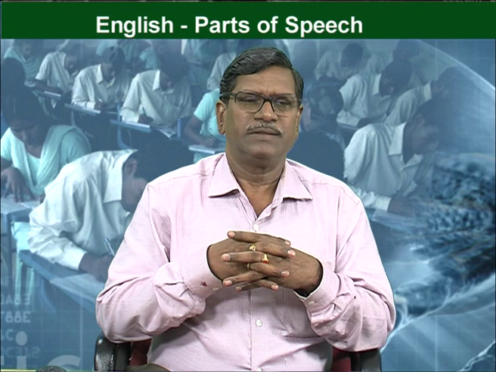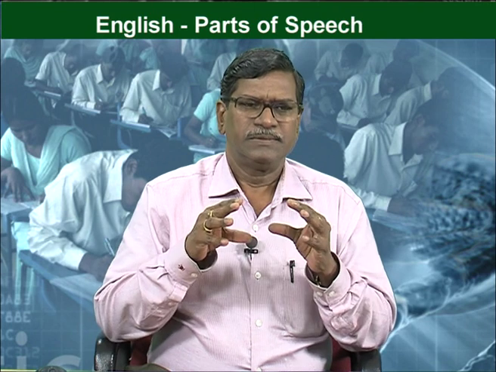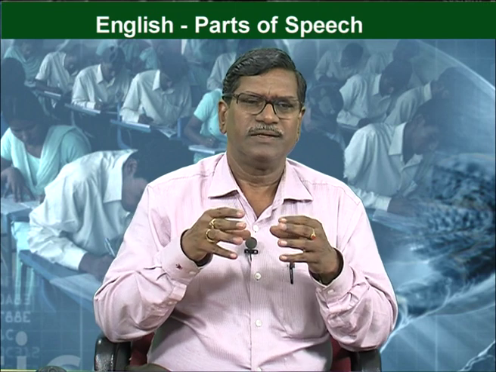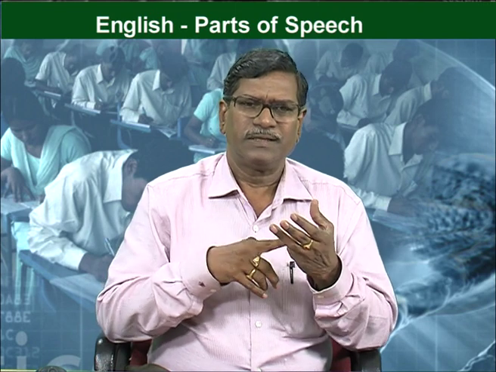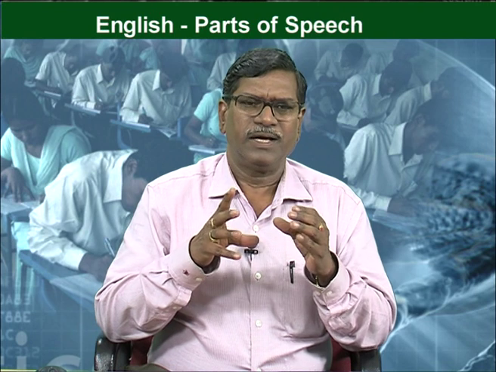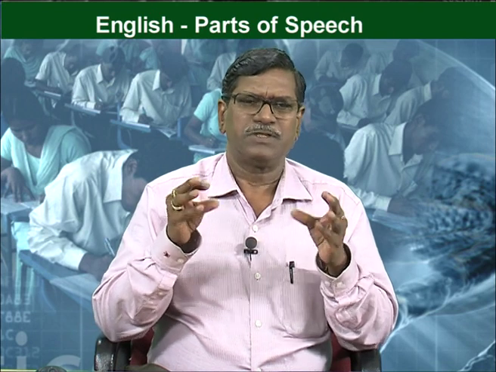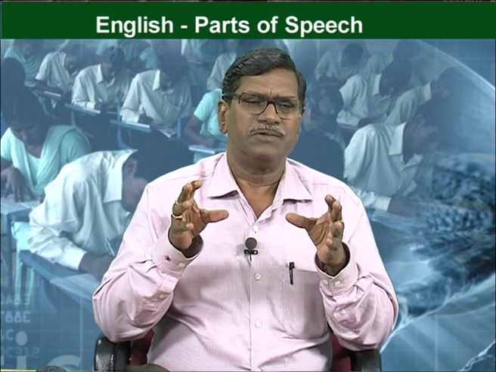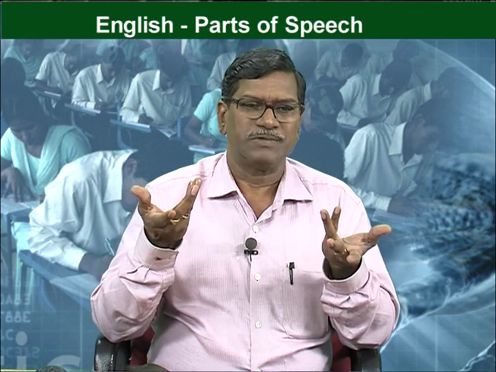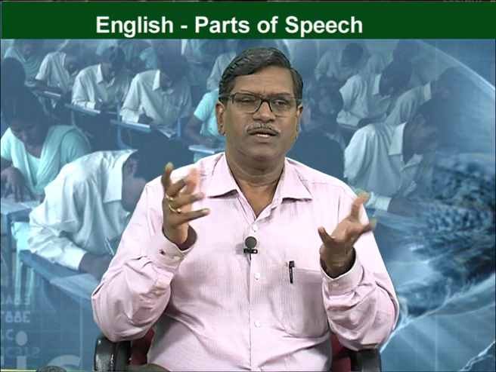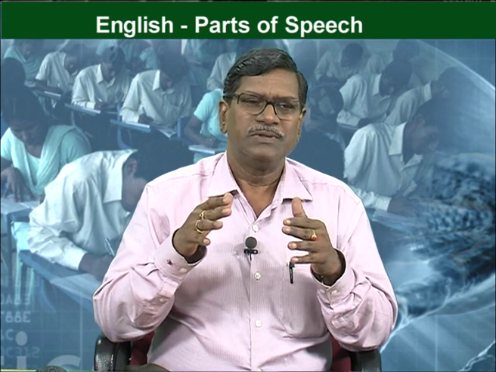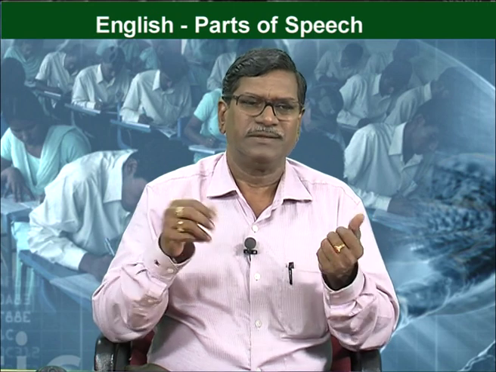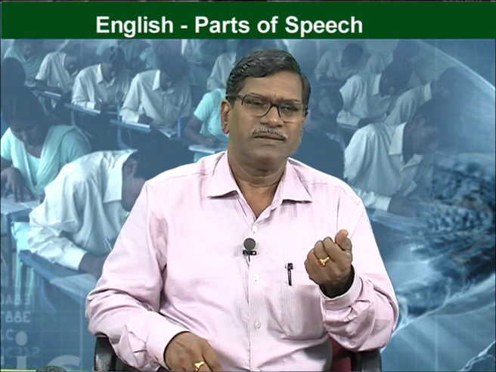So, that way you may be asked questions to identify the material nouns, the collective nouns, proper nouns and common nouns and abstract nouns. So, that way nouns are divided into 4 plus 1, 5 groups, 5 varieties again. What are they?